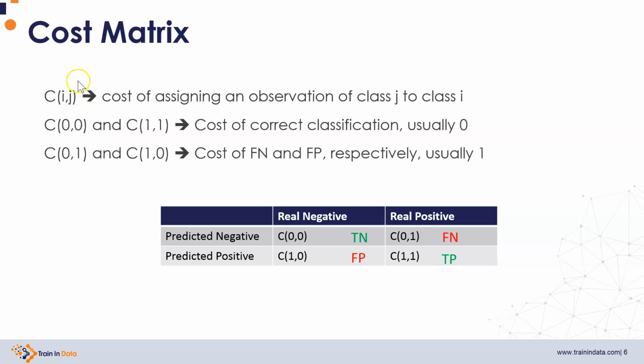C of i,j is the cost of assigning an observation of class j to class i. And in particular, C of 0,0 and C of 1,1 are the costs of correct classification, which in most cases is 0, whereas C of 0,1 and C of 1,0 are the costs of the false positive and the false negatives respectively, which in most mainstream algorithms is 1.